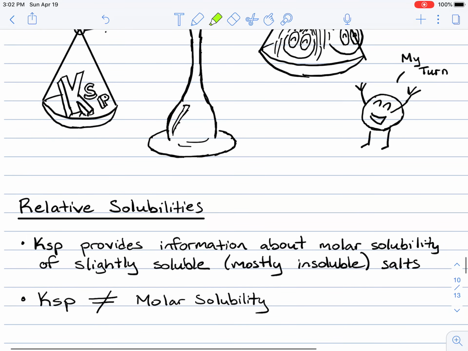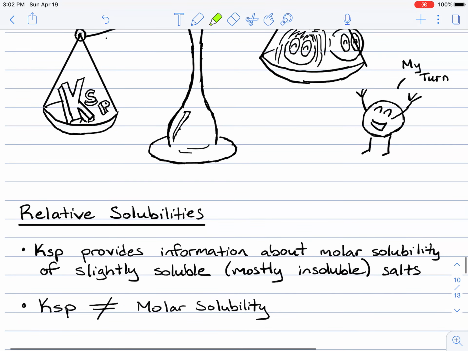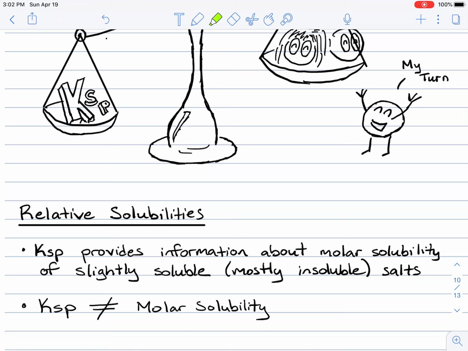When you are ranking these molar solubilities, you can do so by using the Ksp. If you recall from the first lecture video, the Ksp is the product of the molar solubilities of the ions that are produced when a specific slightly soluble, mostly insoluble compound dissociates.